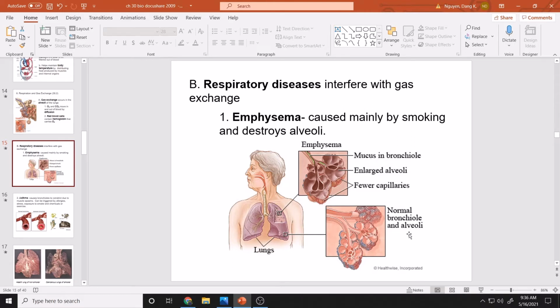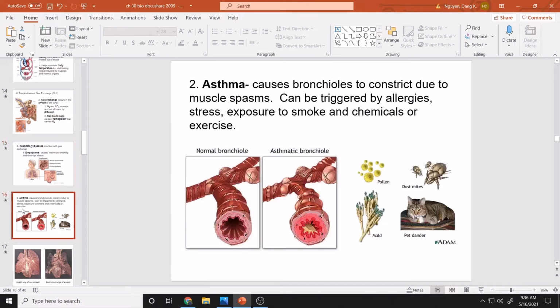I imagine it's a very tough condition to live with, and it's caused by smoking, which causes inflammation and mucus buildup in the lungs. Here's someone with emphysema, and here's what a normal bronchiole and alveoli look like. They're not swollen. There are a lot of capillaries which facilitate the exchange of carbon dioxide and oxygen.